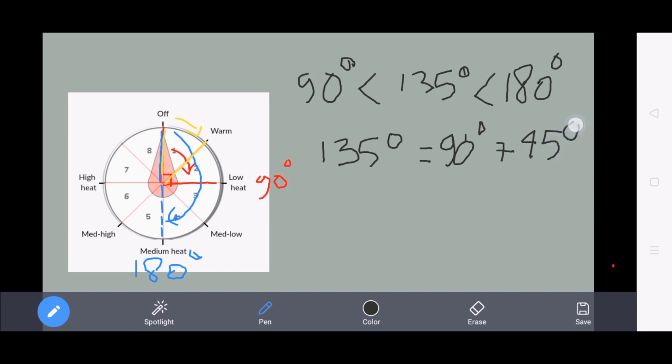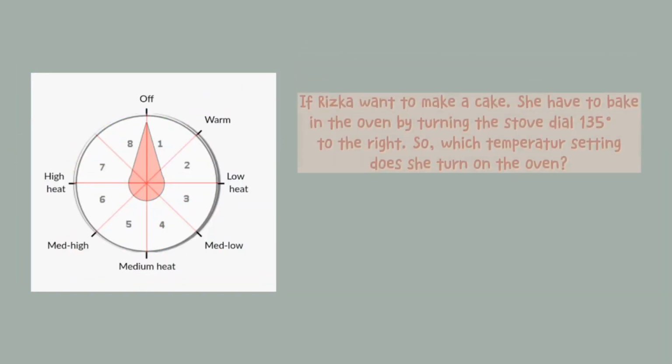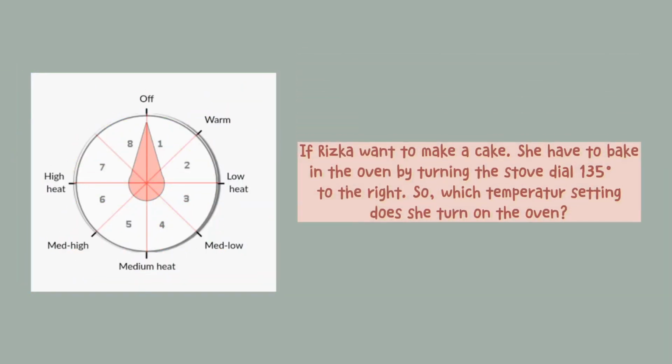Now see the temperature setting: if we turn the stove dial 90 degrees plus 45 degrees, it will be 135 degrees, and it will be the medium-low temperature. So, if Rizka wants to make a cake, she has to turn the stove dial to the medium-low temperature.